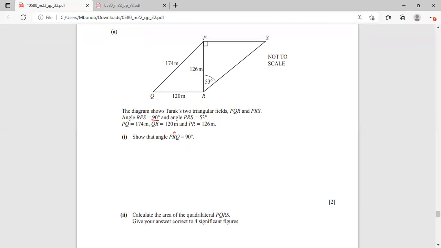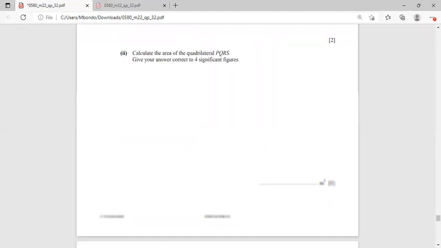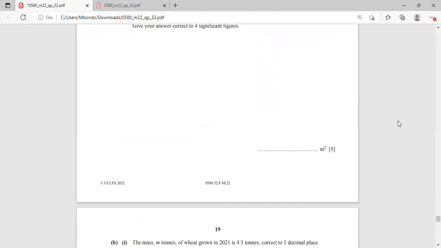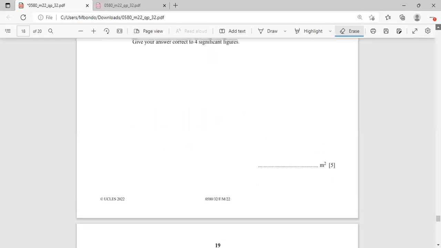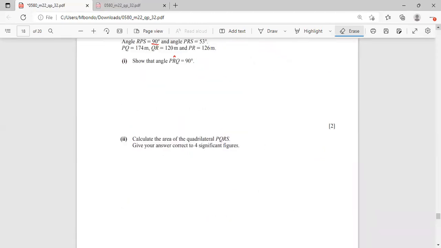Okay, so we are being told that we need to calculate the area of the quadrilateral, giving your answer correct to 3 significant figures.